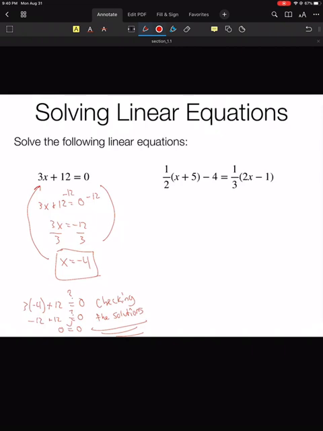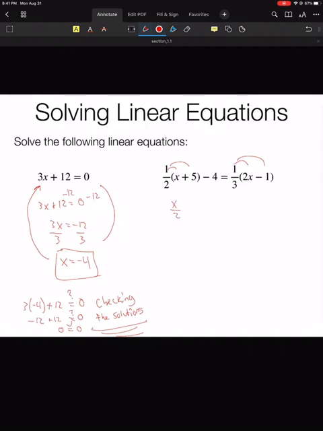This one on the right. First thing that we need to do is get each side of the equation down to its most elemental parts. To do that, we need to use the distributive rule both here and here. Okay?